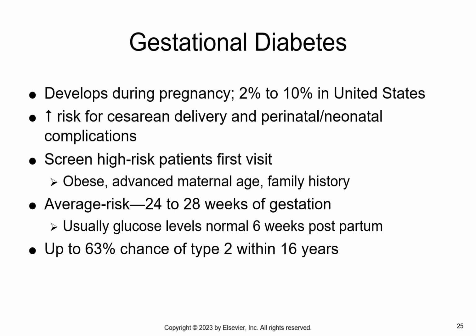We're now going to take a look at gestational diabetes. It develops during pregnancies and occurs about 2 to 10% of pregnancies in the U.S. Women with gestational diabetes have a higher risk for cesarean delivery. Their babies are at risk for perinatal death, birth injury, and neonatal complication.